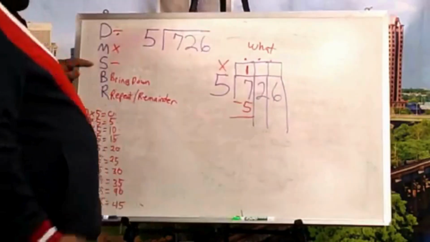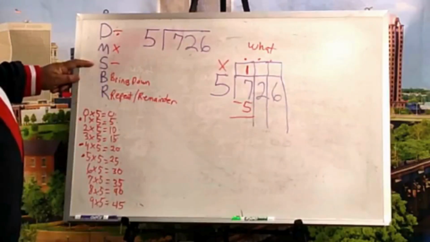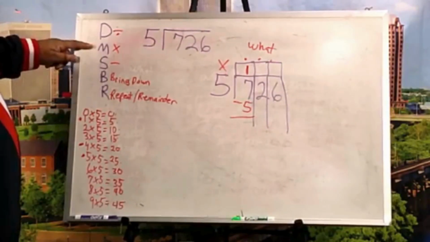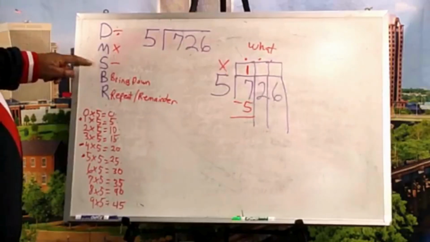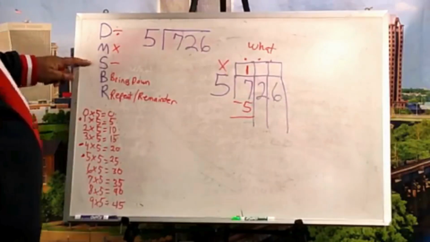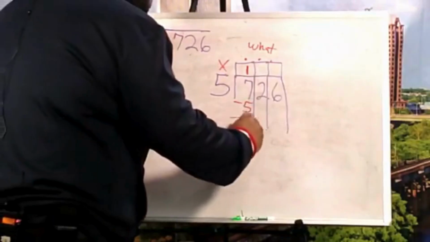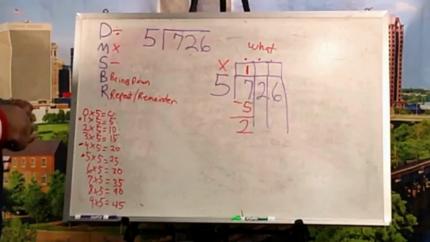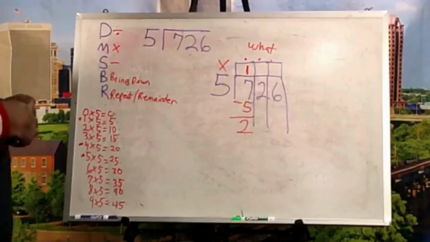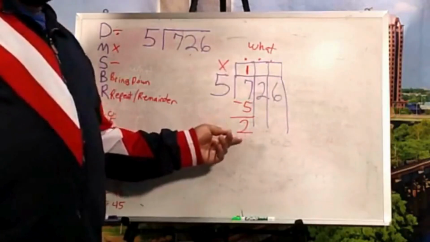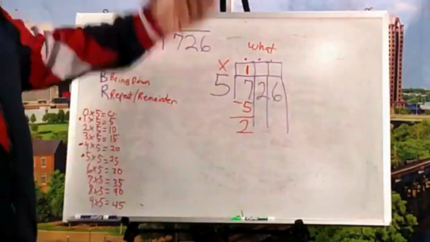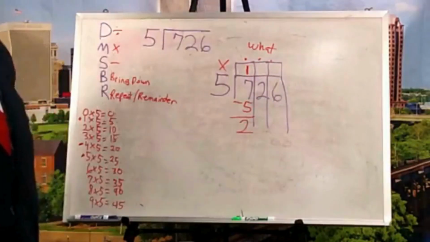Next piece is I'm going to subtract. And that's what I'm doing right now. I divided. Now I multiplied 1 times 5. Now I'm going to subtract 7 minus 5, which will give us 2. Now, in this case, with our 2 right here, I'm not shooting it across because I'm doing this up and down, like an elevator.